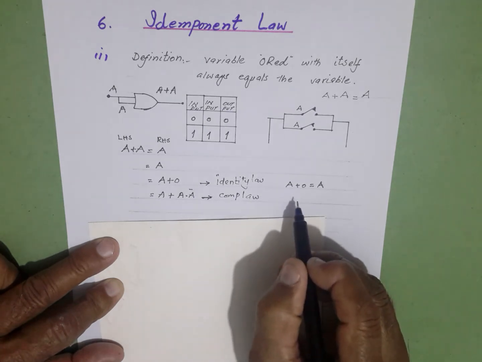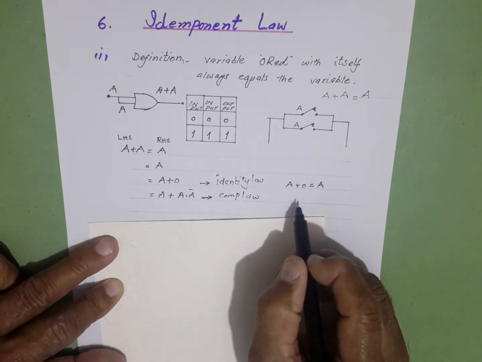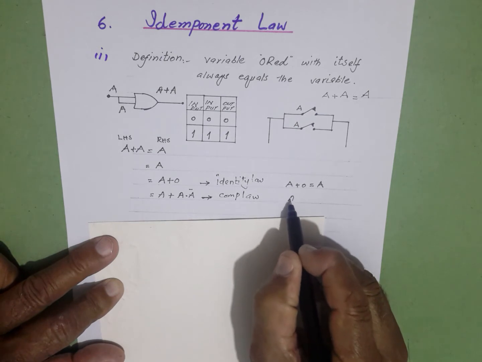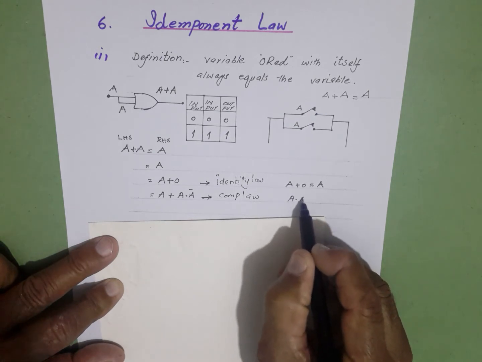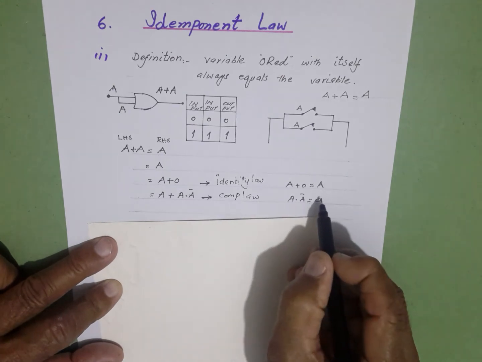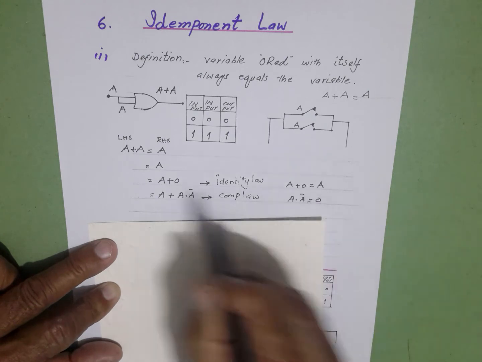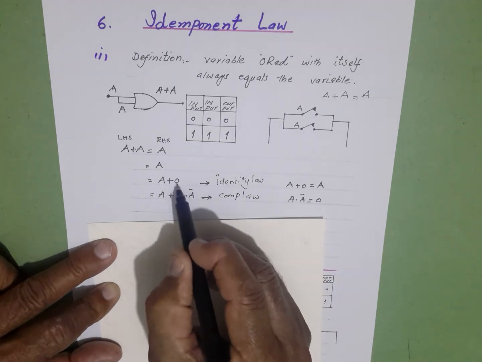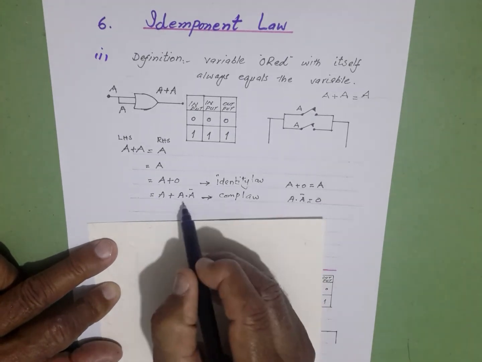Complement law says A into A bar is equal to 0. In place of 0, we can write this, and we have written this.